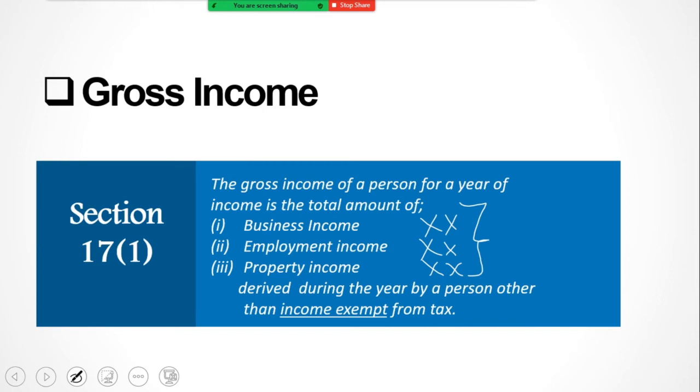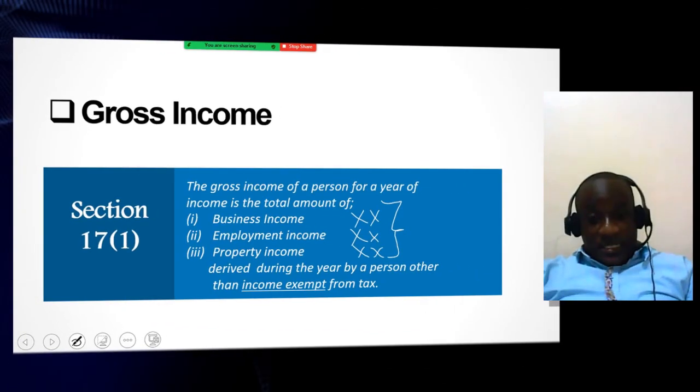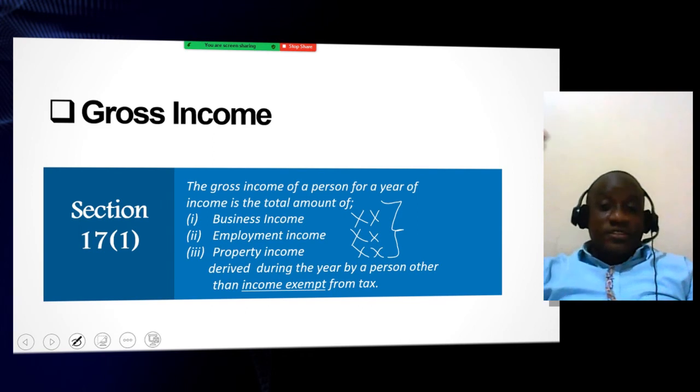If you are employed, the employment income will form part of your gross income. If you have properties, as we are going to see, you have rentals, you have investments, you have natural resources, then this is all gross income.